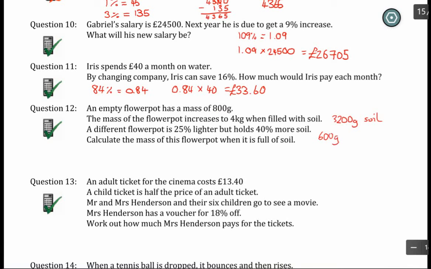But holds 40% more soil, so 40% more than this. Okay, so we'll just call this pot B. Its mass is 600 grams. To increase this by 40%, I'm going to times by 1.4.